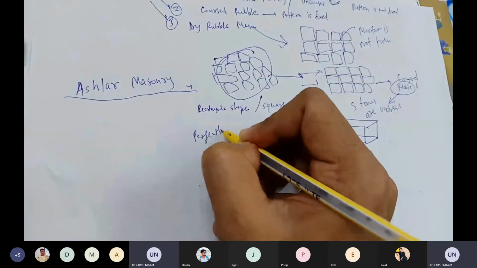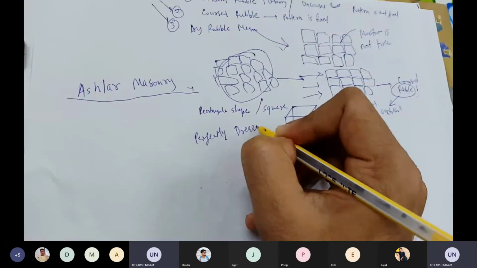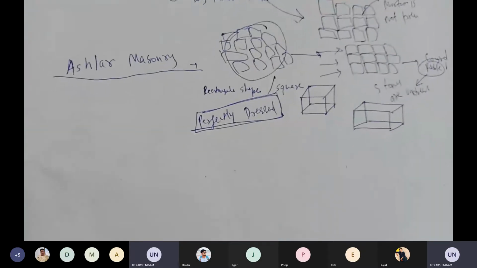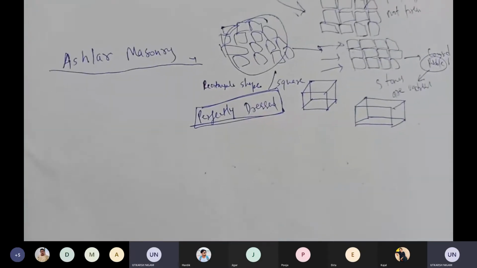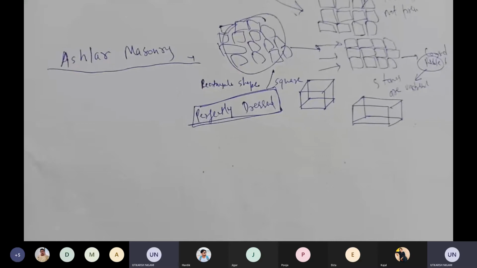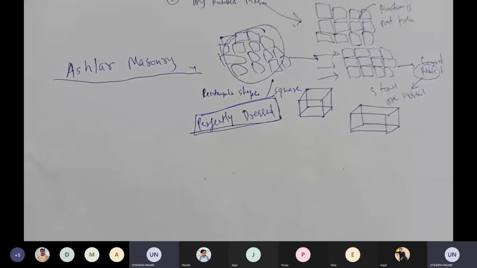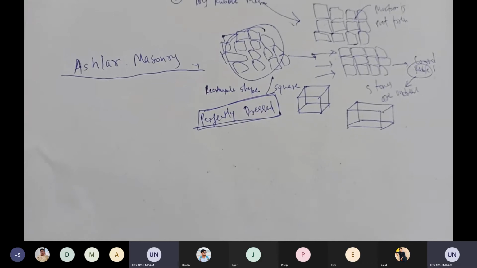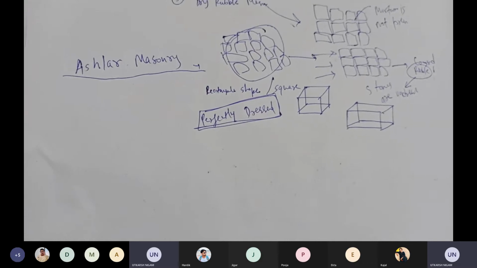That is also one of the important things you need to know, that in ashlar masonry the stone blocks are perfectly dressed. These are dressed very nicely, and these are rectangular or square in shape.